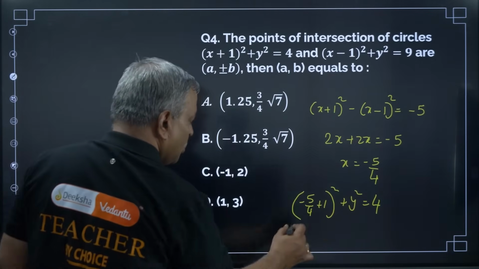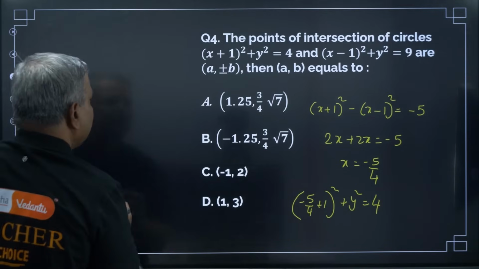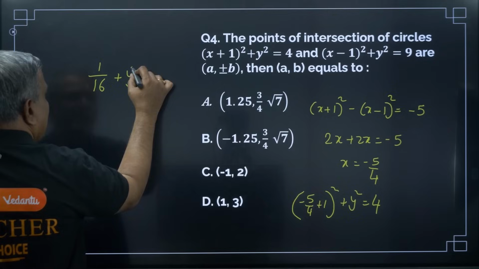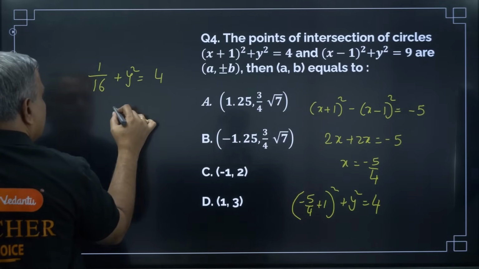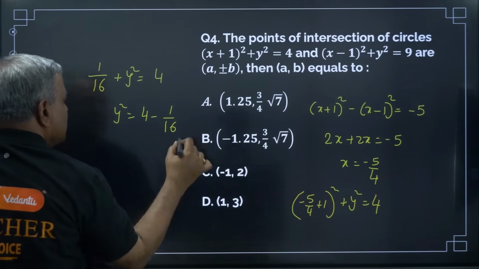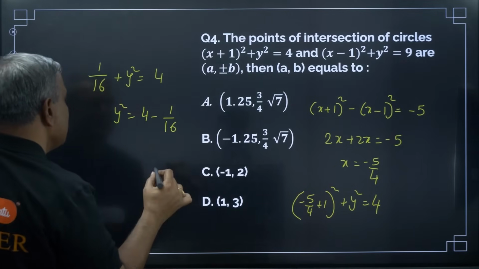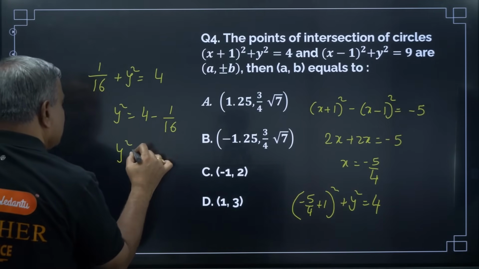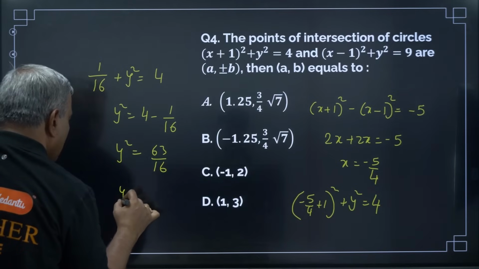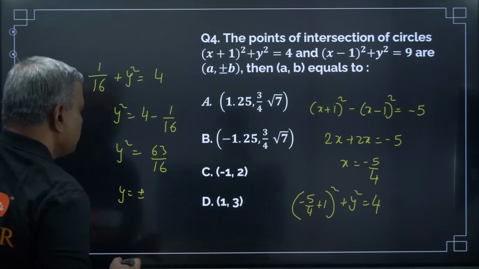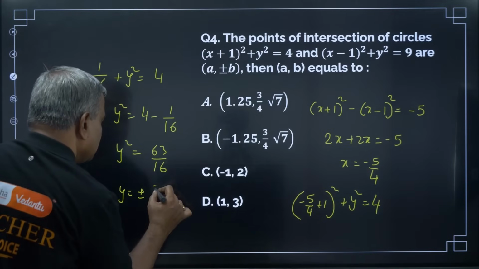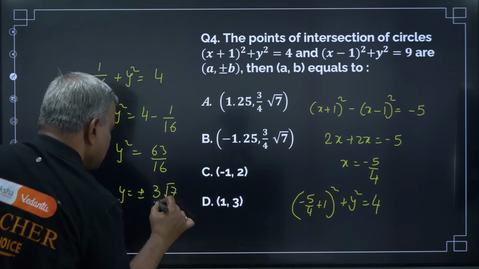This gives minus 1 by 4, so 1 by 16, plus y square is equal to 4, or y square equal to 4 minus 1 by 16. 16 4s are 64, 64 minus 1 is 63. So y square is equal to 63 by 16, or y is equal to plus or minus, 7 9s are 63, so 3 root 7 by 4.